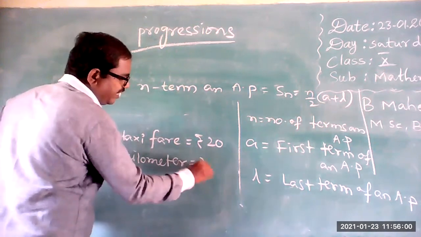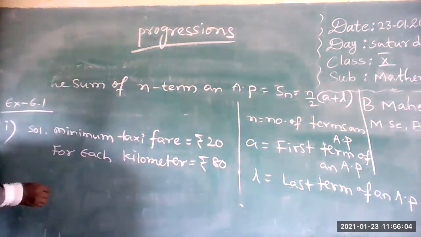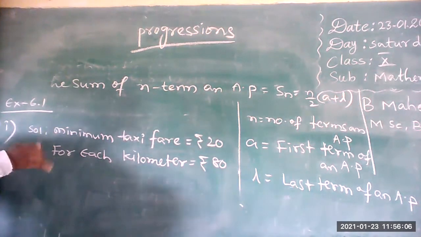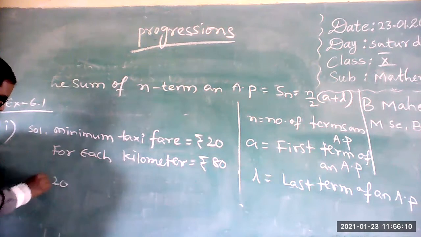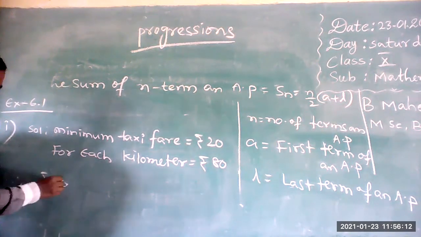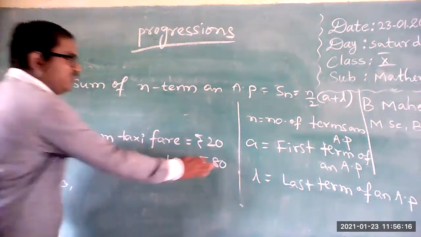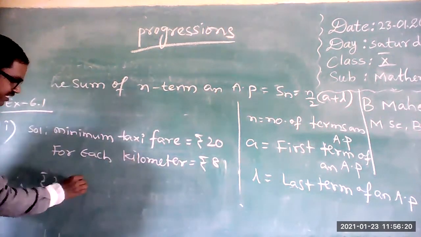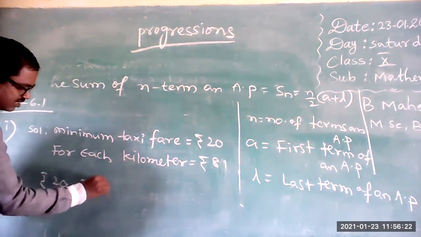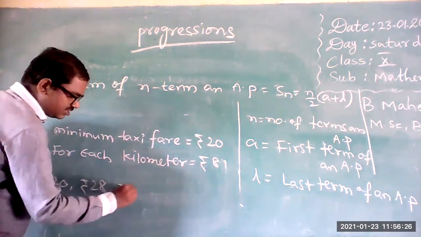So for example, one person is going in a taxi. First kilometer, 20 rupees. After the second kilometer it increases by 8 rupees. So 20 plus 8, 28 rupees. After the third kilometer, like this.